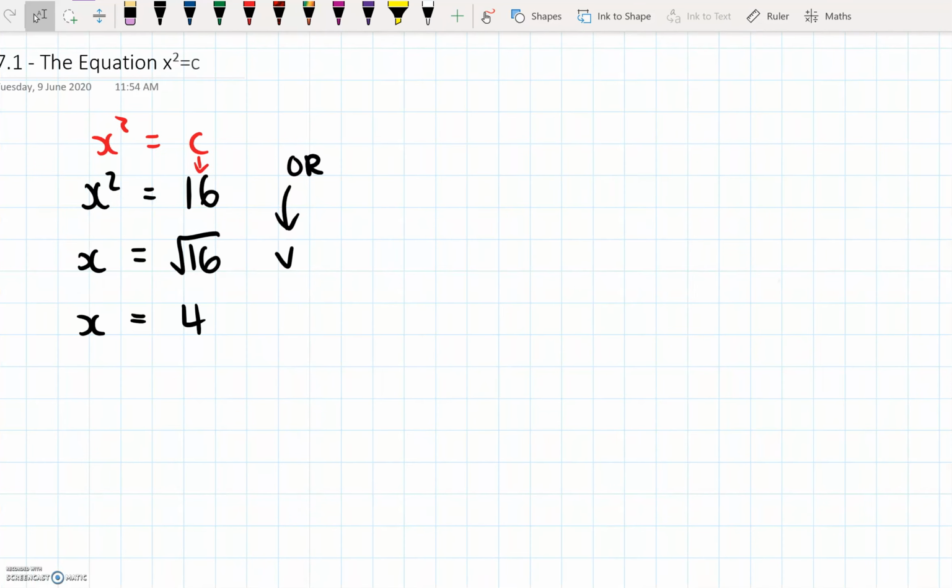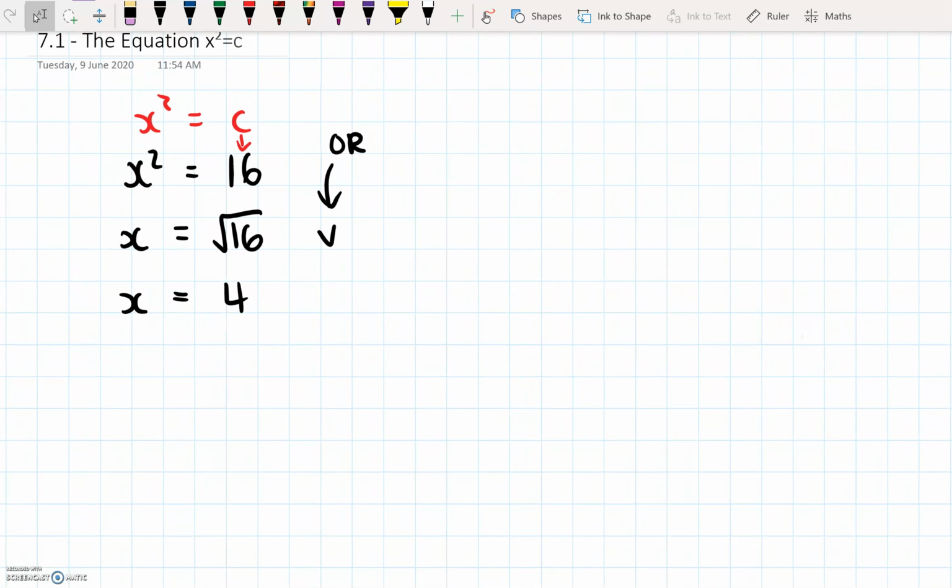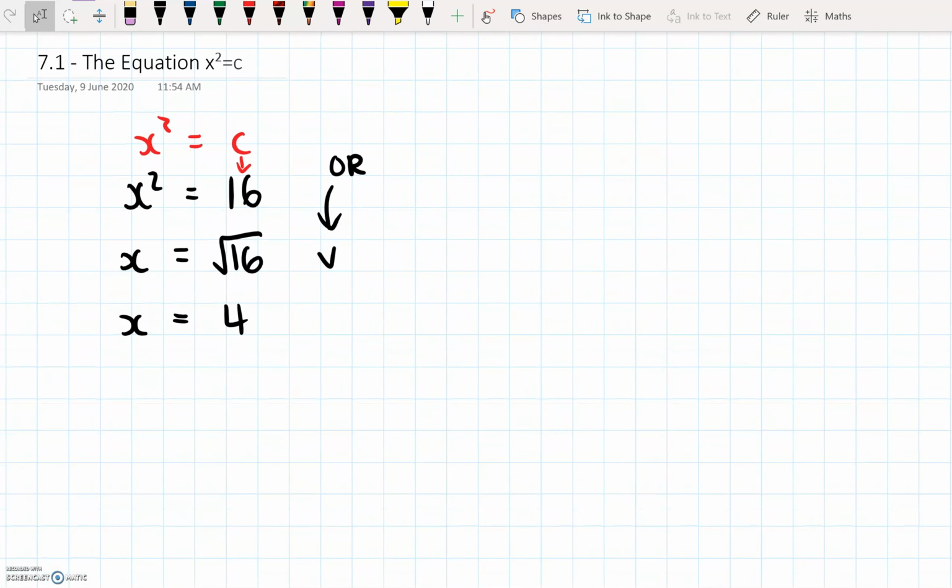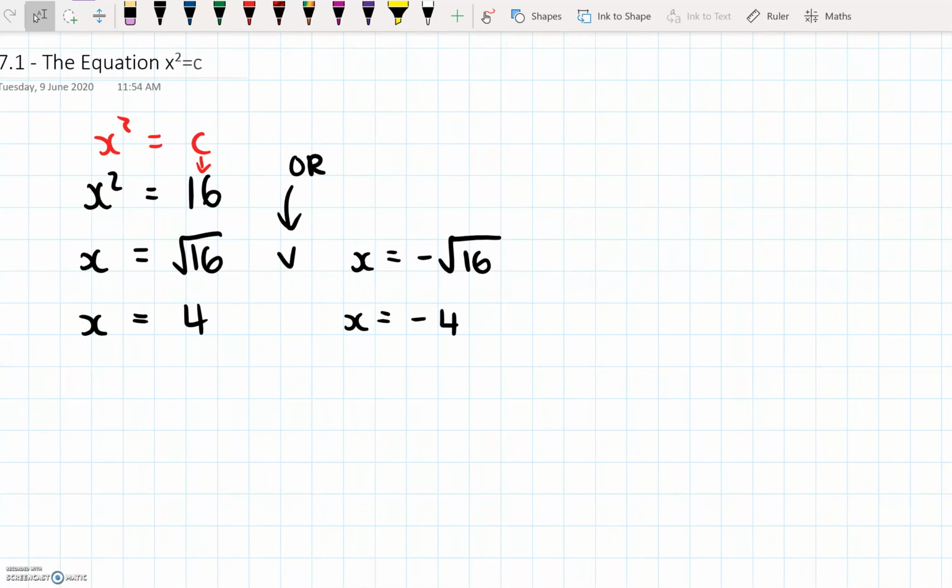So we get x is the square root of 16, or x equals the negative square root of 16. You will get a positive square root and also a negative square root, so the answer could be either one of these. The negative square root of 16 is just going to be negative 4. So with these you're going to get two answers.